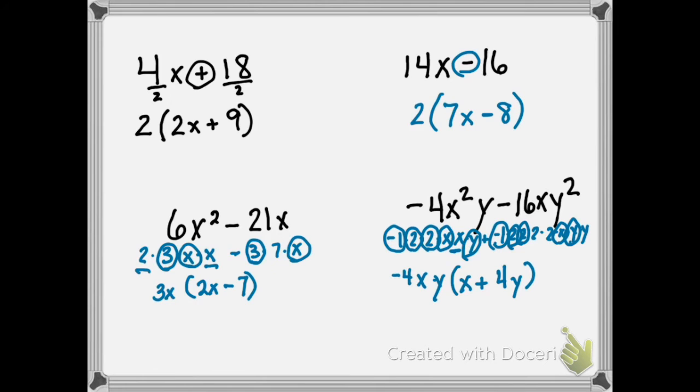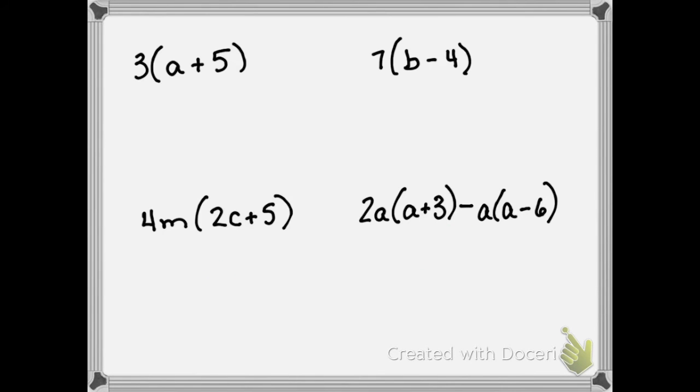Okay. Now let's go over to distributing. For distributing, what we have to do is we have to multiply each number by what's inside the parentheses. It's like if you have cookies and you're delivering them to your friends. Can't leave any friends out.